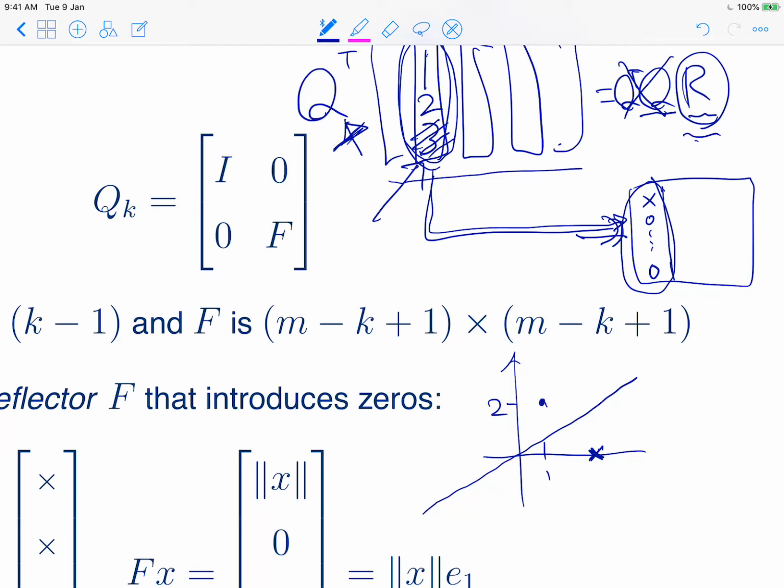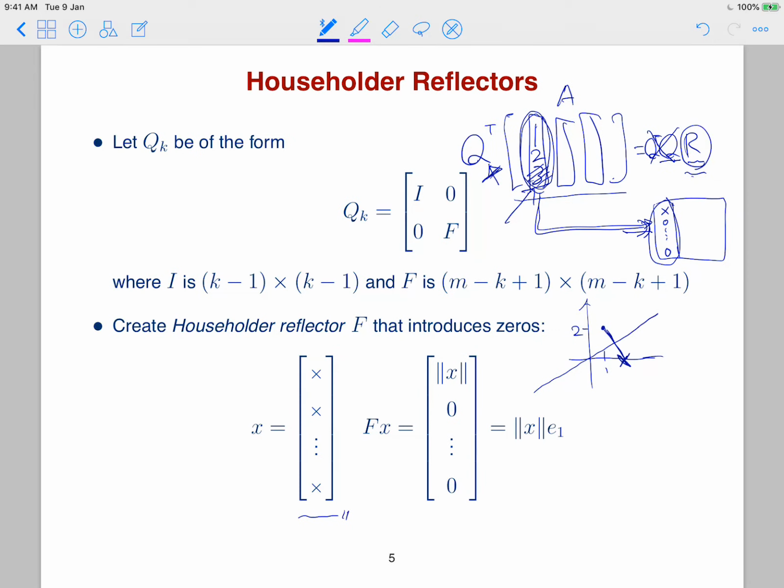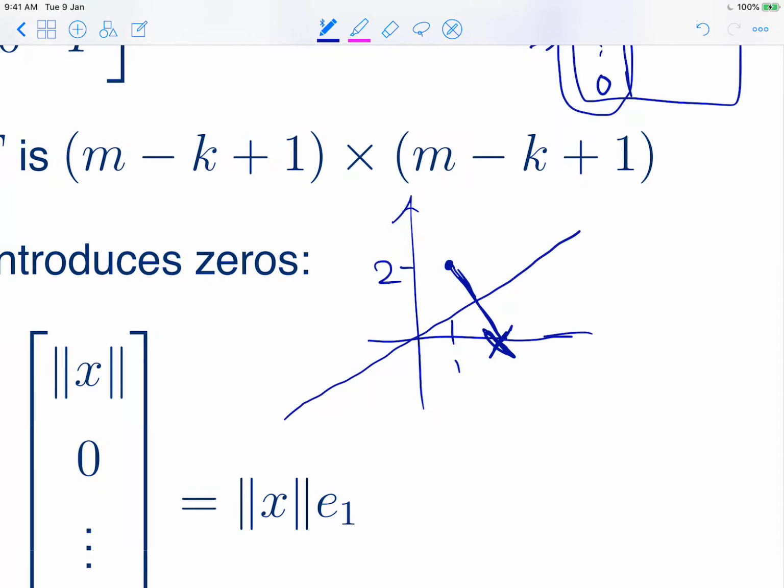So we need the reflected point over here, right? Let's first think of the length of this vector.